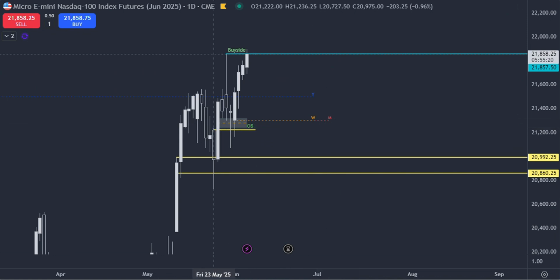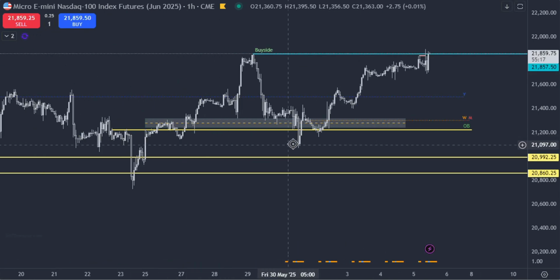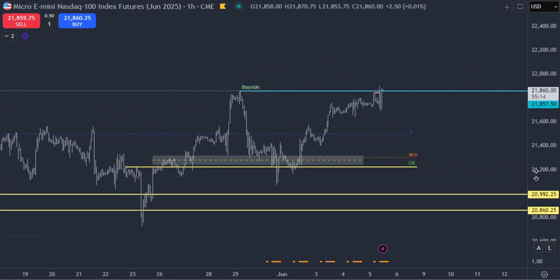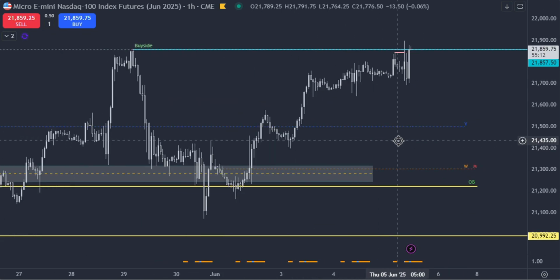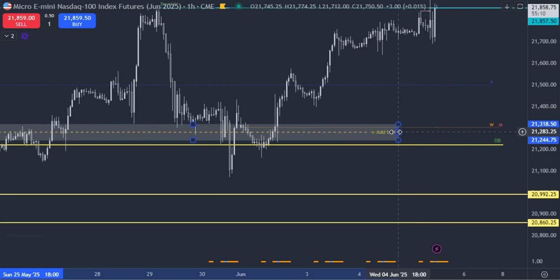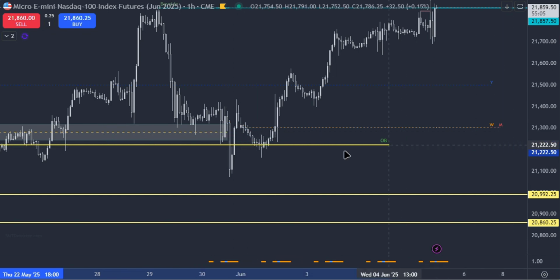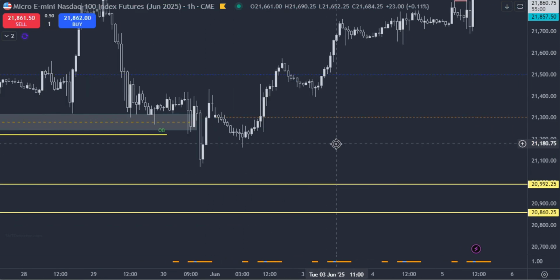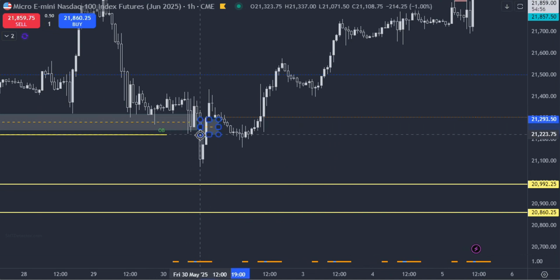So now, if you're going to be more of a swing trader, you can drop down to your hourly time frame. You see, and then now let's zoom in. This is the daily fair value gap, and this is the daily order block. So we tapped it. Now on the hourly, you can either look for your inverse fair value gap or your order blocks, whatever you like trading.